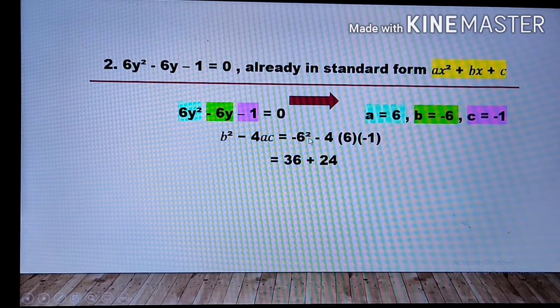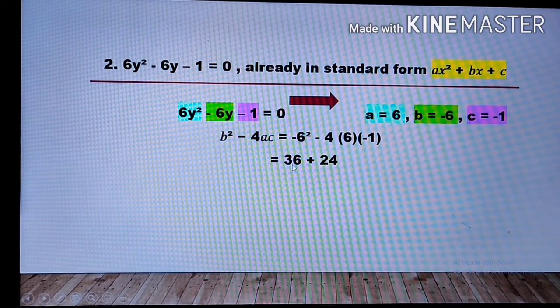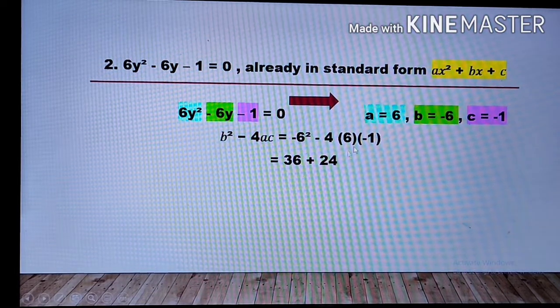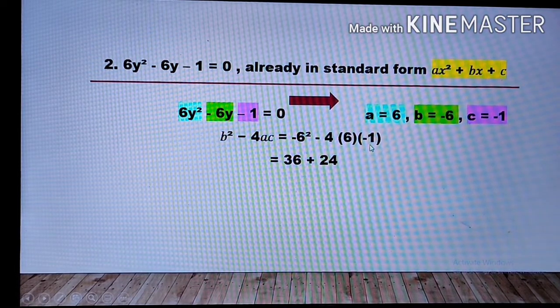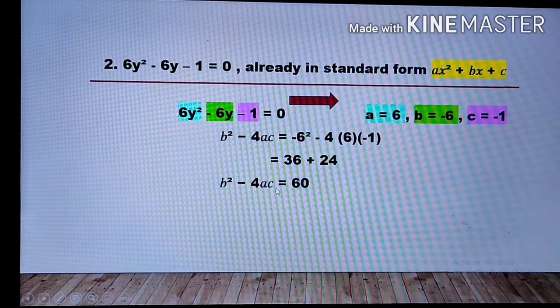So, negative 6 squared, negative 6 times negative 6 is equal to positive 36. Then, negative 4 times 6 is negative 24. Negative 24 times negative 1 is positive 24. Yan. So, 36 plus 24 is equal to 60.